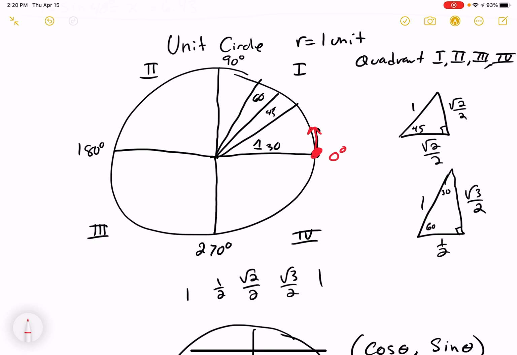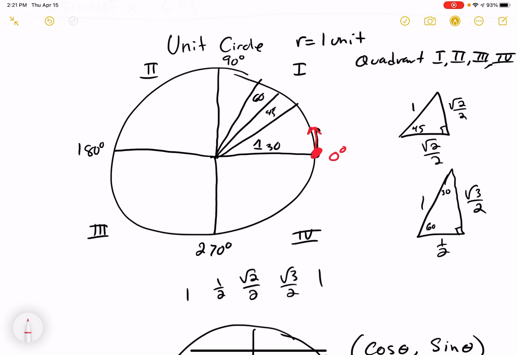Now, we want to find the sine and the cosine and eventually the tangent of any angle that's going to be around that circle. If you have a calculator, you can just type it in, and it'll give you a numerical approximation. But what we're really interested in for a lot of these angles is the exact value. And that's going to be a square root of something, unless it's going to be a simple rational number.